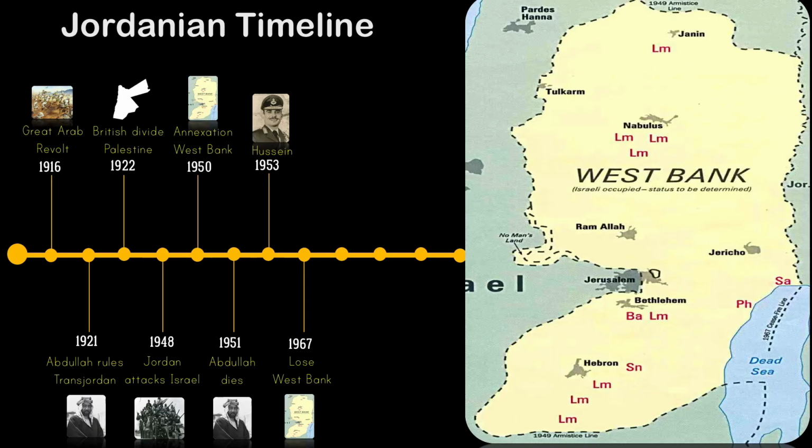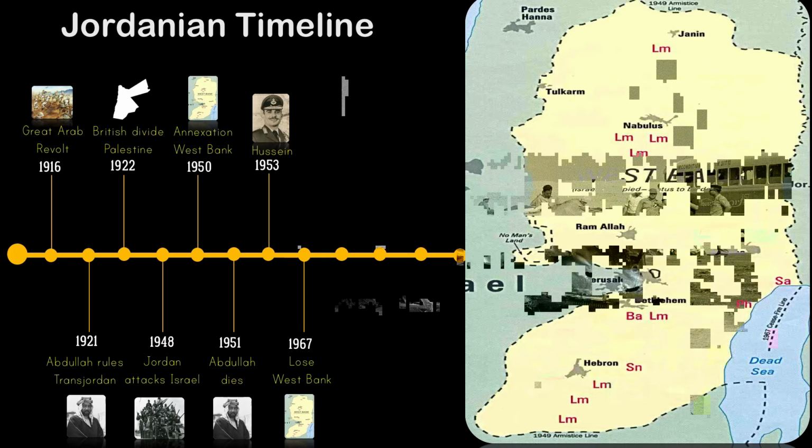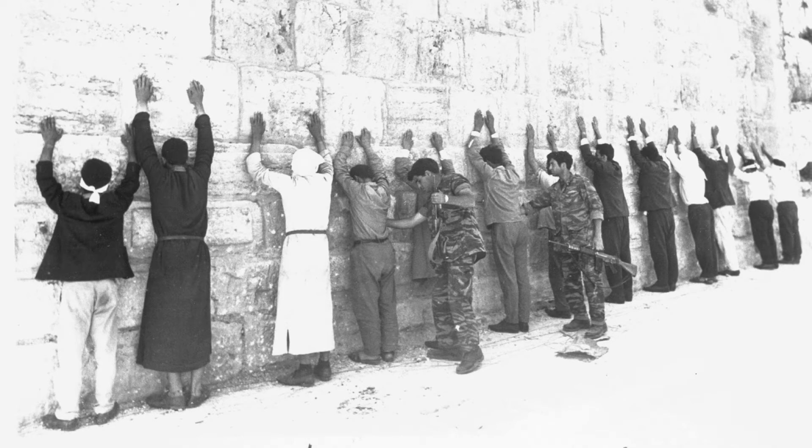But he wasn't hurt. In the 1967 war, the Jordanian armed forces were devastated. 700 were killed, 6,000 wounded, and all tanks and the air force completely destroyed. One of the greatest tragedies for Jordanians, especially for King Hussein, was that they lost East Jerusalem.